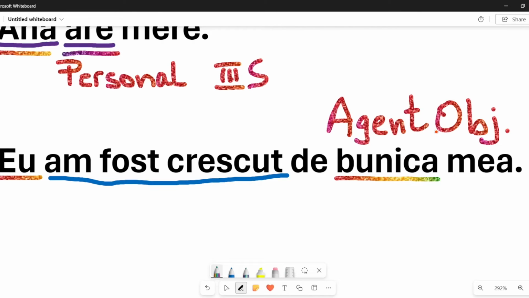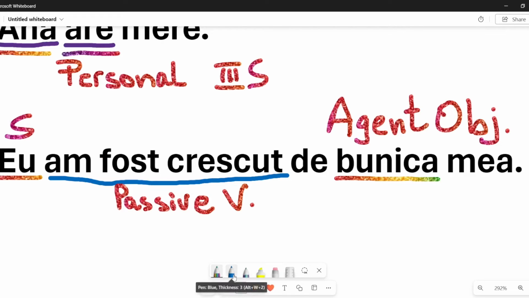However, I don't expect you to remember this name, but it maybe helps you to think that in this particular voice, the passive voice, who does the action is not the subject, but the secret agent. And this is the action or the verb.